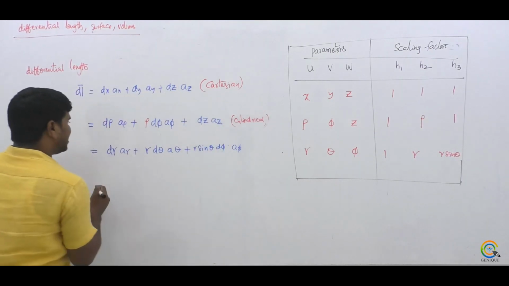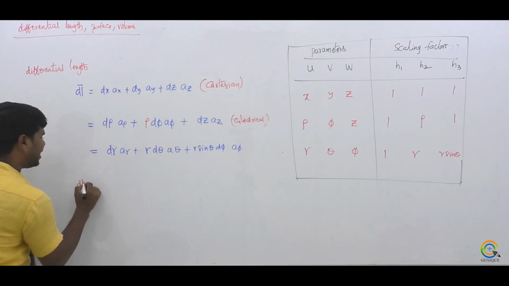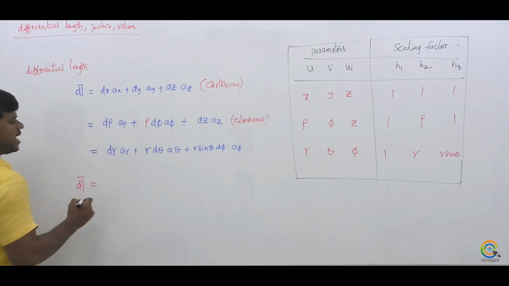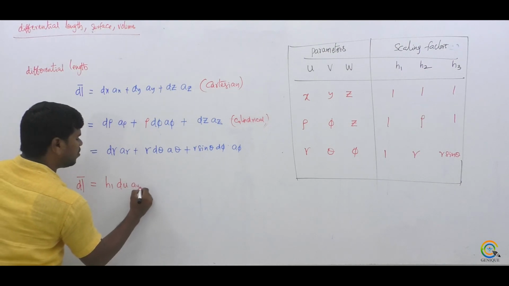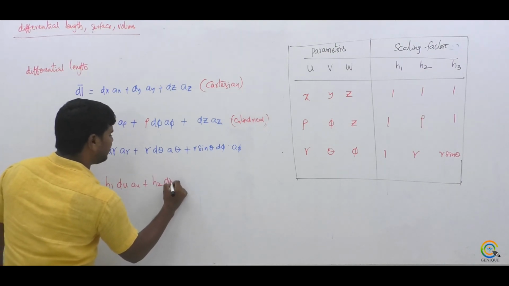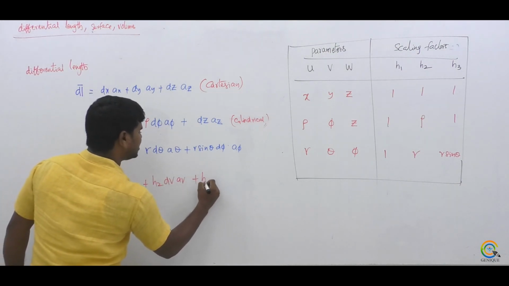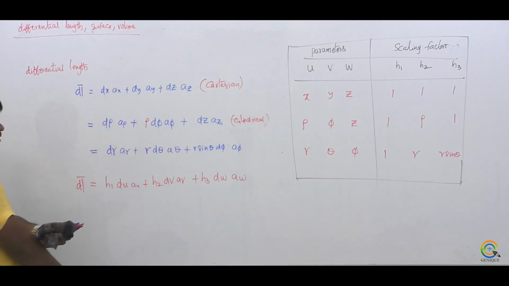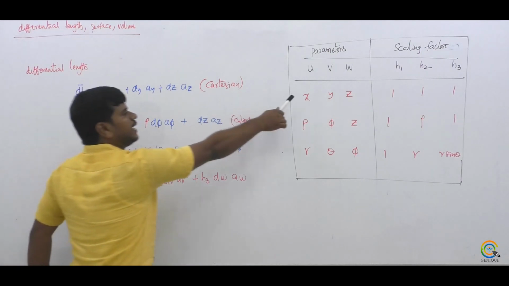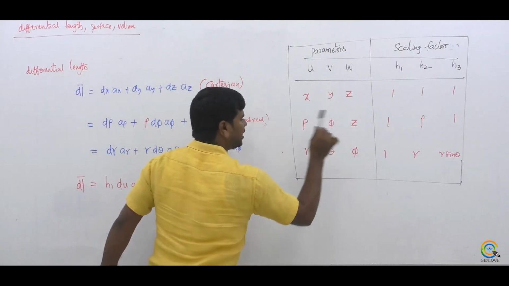Okay. So in general, what is dl? The dl is generalized as h1 du au plus h2 dv av plus h3 dw aw. So like this, what is u, v, w? x, y, z; rho, phi, z; r, theta, phi.